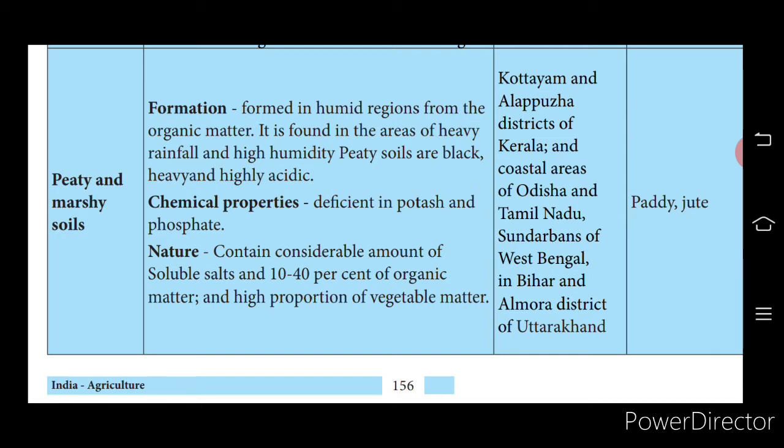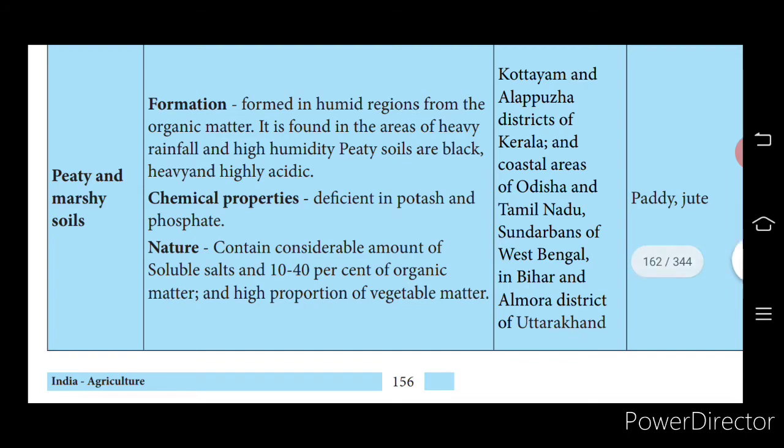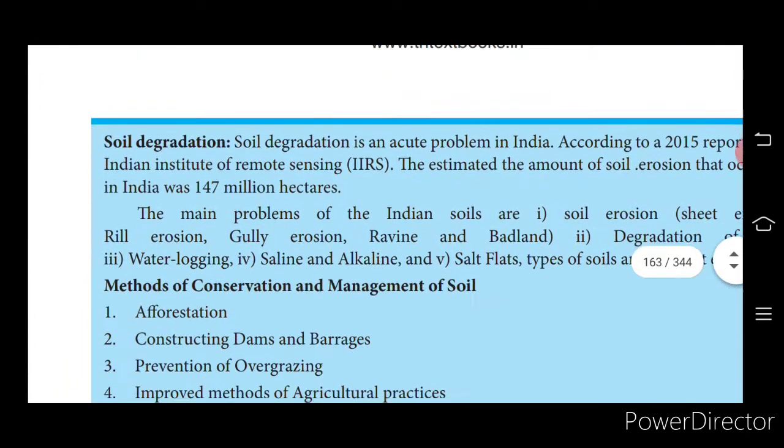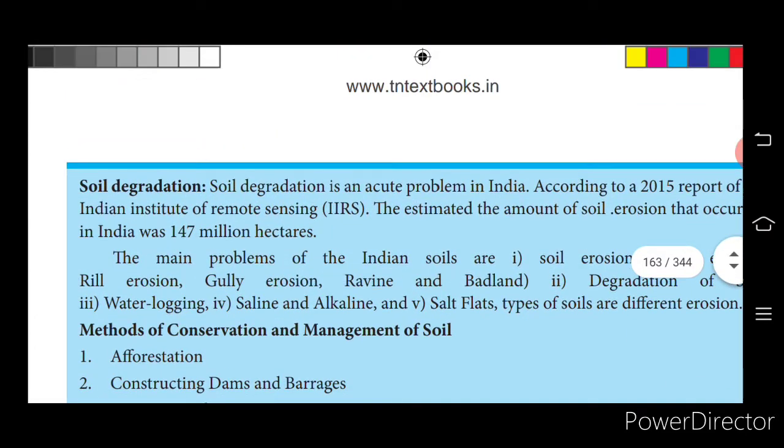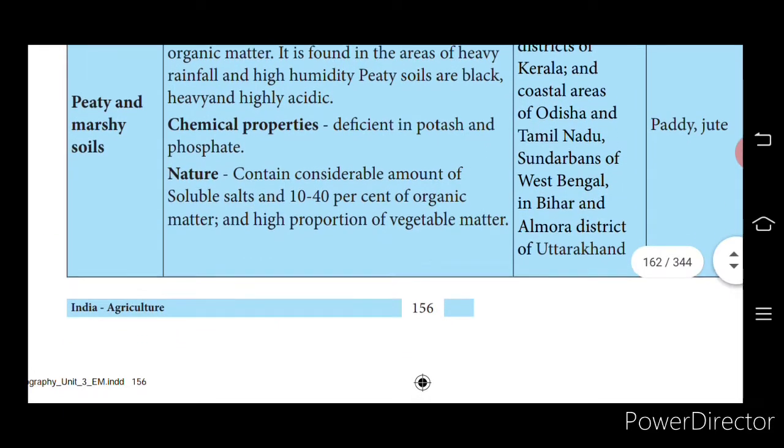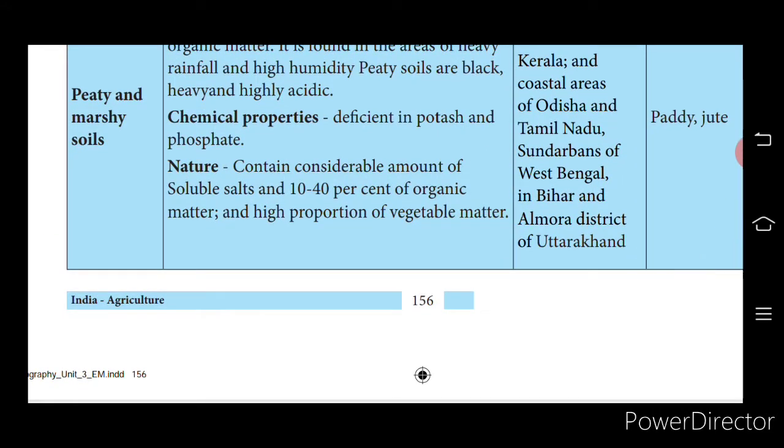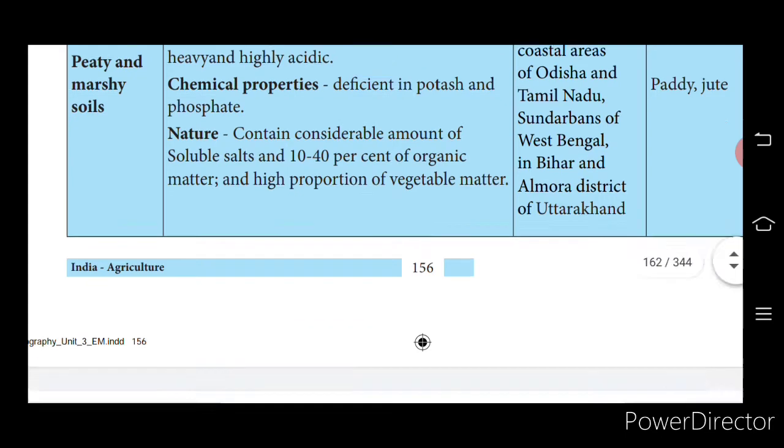The places here are Kottayam and Alappuzha districts of Kerala, coastal areas of Odisha and Tamil Nadu, Sundarbans of West Bengal, parts of Bihar, and Almora district of Uttarakhand. The crops here are paddy and jute. Okay, now you can understand the 8 important soils which are distributed in India. With the name itself you can understand how the crops are grown.